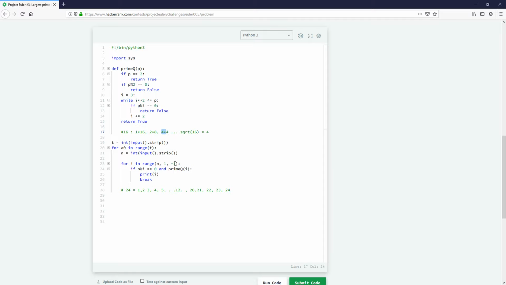So rather than simply decrementing by 1, what we could actually do is just check n divided by i for i in range, and again, we could just do this all the way up to n. It doesn't matter because this for loop is going to terminate early.